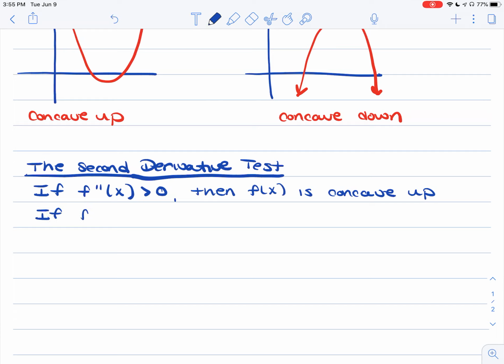On the other hand, if f double prime of x, so again the second derivative, is negative, then f of x is concave down.